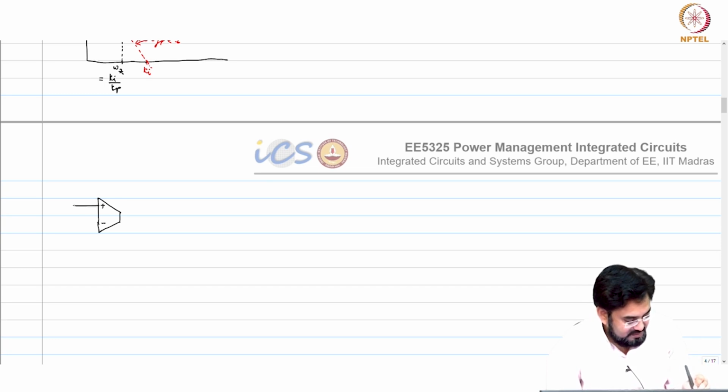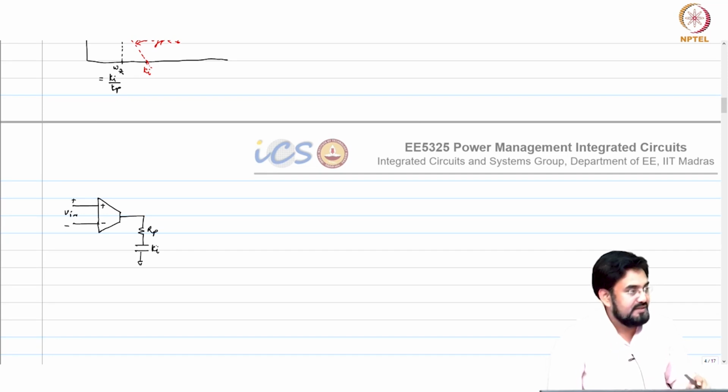Plus minus, this is your Vin, and this is your, so I'll call it Rp, and Ci. Okay. And this is Gm.